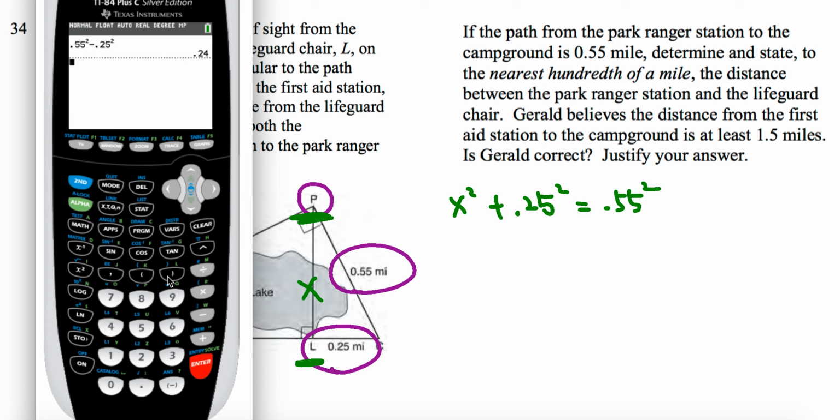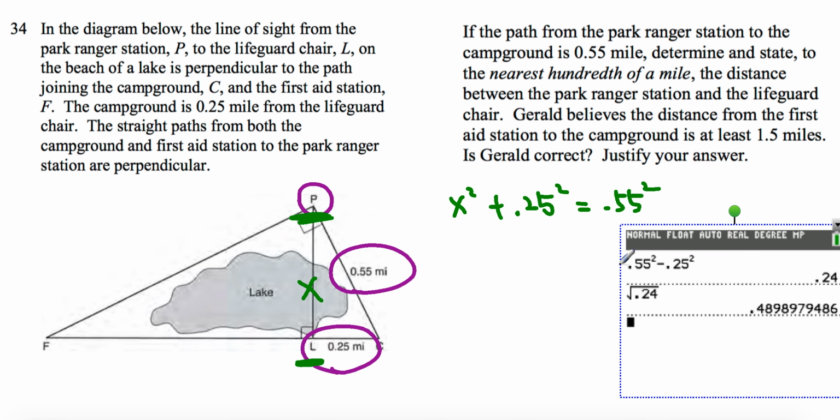But what we want to do is take the square root of that value. Then we get x equals 0.49 to the nearest hundredth. So that's the answer. How about FC?